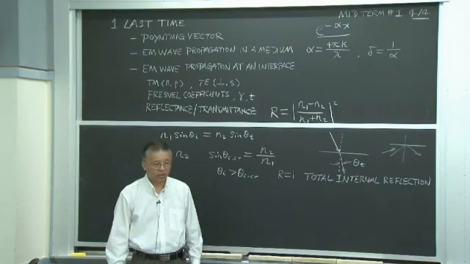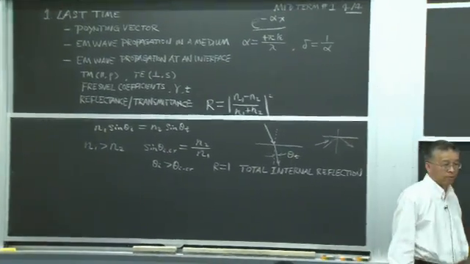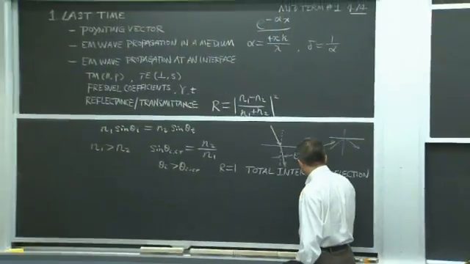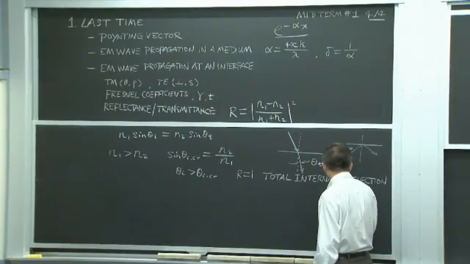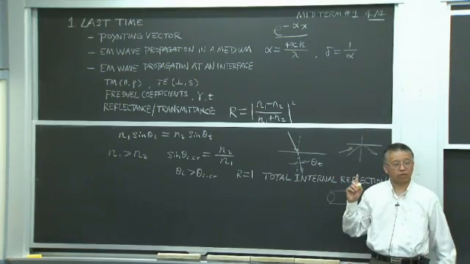Okay? So this is the principle of optical fibers, right? An optical fiber has an inner core and an outer cladding, and this outer layer has a smaller refractive index.